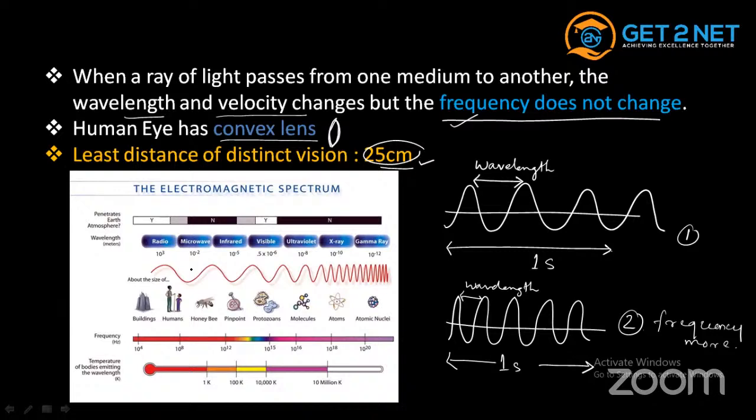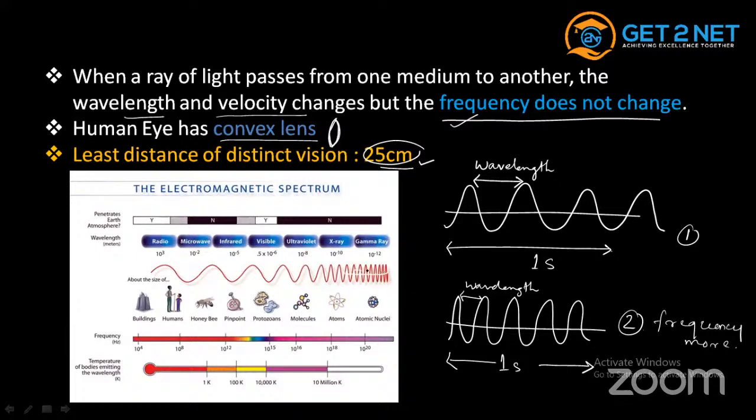And here I have shown the electromagnetic spectrum. In this spectrum, so as not to get confused, there are different waves. As we move towards the right, you can see the frequency is more here.